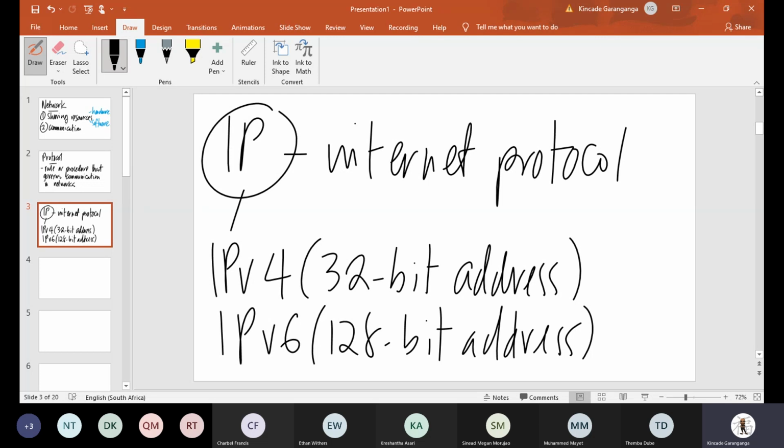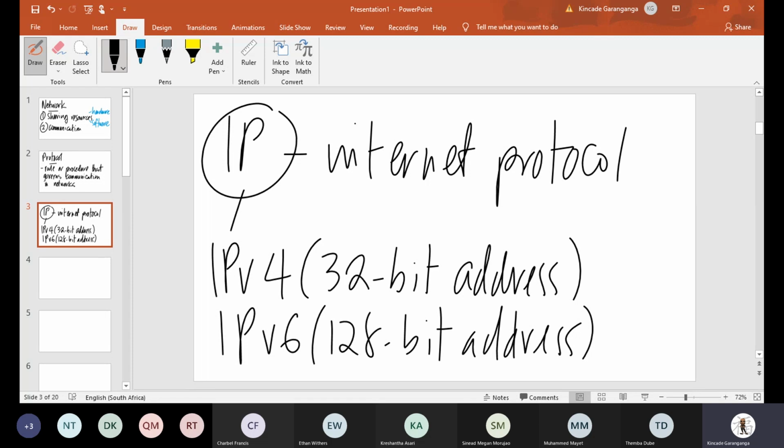IPv4 is the most common IP address format that you find, but because of limitations in the total number of IPs within that environment, IPv6 was designed to accommodate that limitation. We're going to be discussing those in a bit more detail in the subsequent sessions.